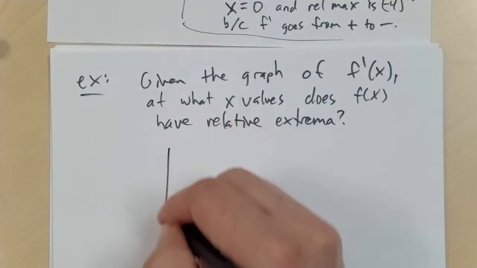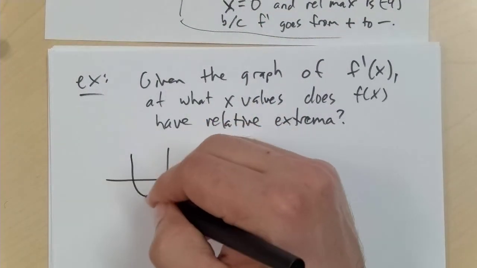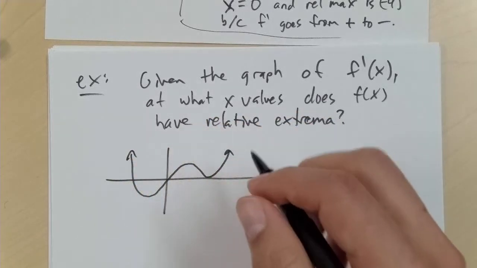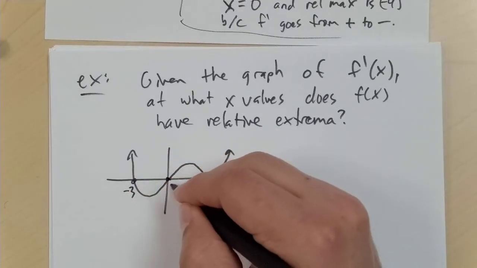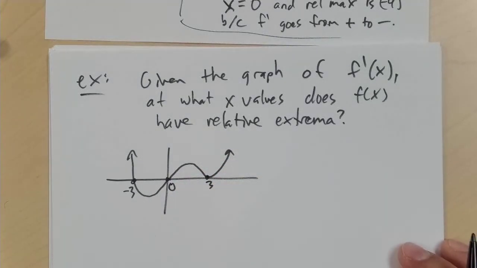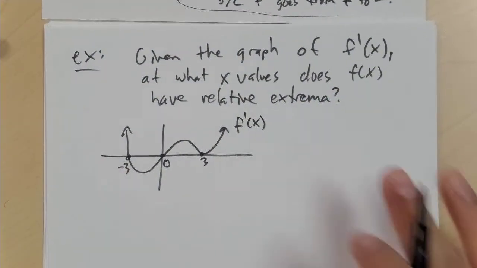So you would get a picture. Maybe that picture looks something like this. And this is going to say that this is the graph of f prime of x.